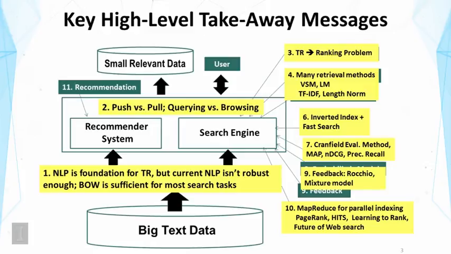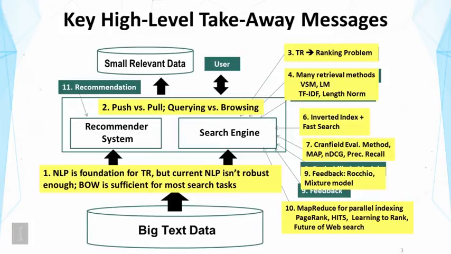Not only the effectiveness can be improved using this approach, but we can also improve the robustness of the ranking function so that it's not easy to spam a search engine with just some features to promote a page. And finally, we talked about the future of web search.